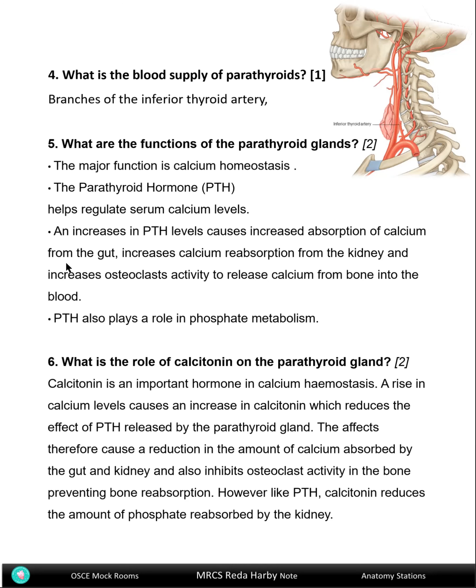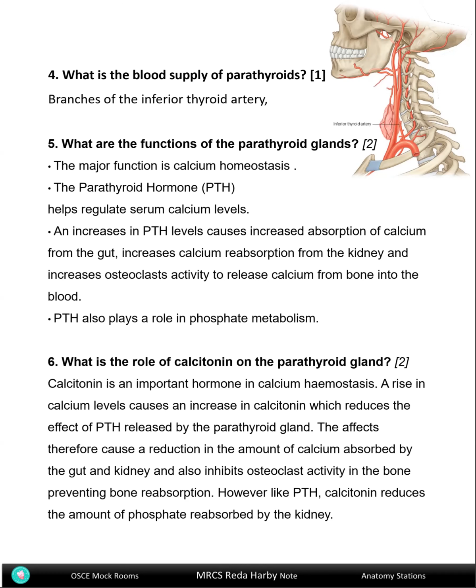Okay, then there will be a reduction in the amount of calcium absorbed by the gut and reabsorbed by the kidney, and it inhibits osteoclastic activity, as you said, preventing bone resorption. However, like parathormone, calcitonin reduces the amount of phosphate reabsorption in the body.